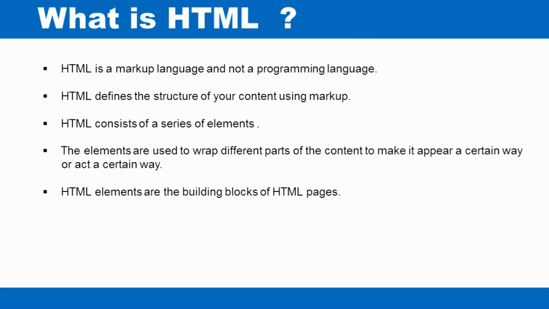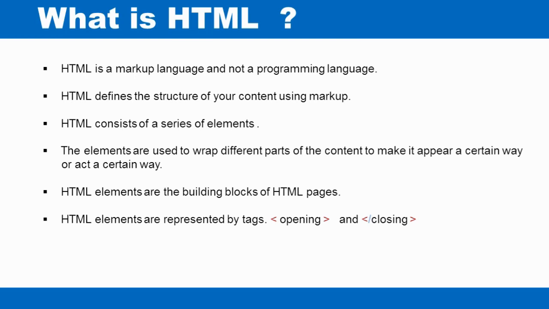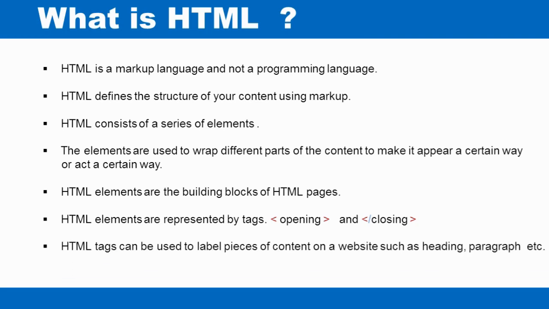HTML elements are represented by tags, opening and closing tags. HTML elements can have tags that are used to label pieces of content on a website, such as heading, paragraph, and so on.